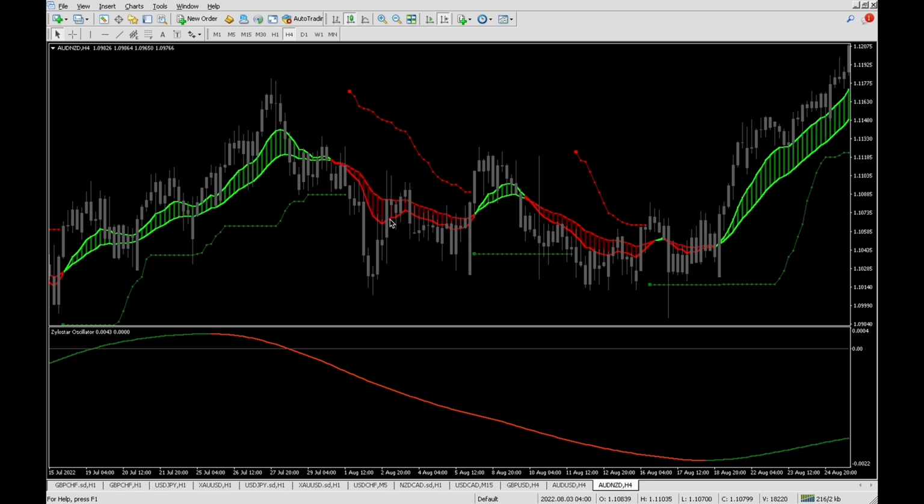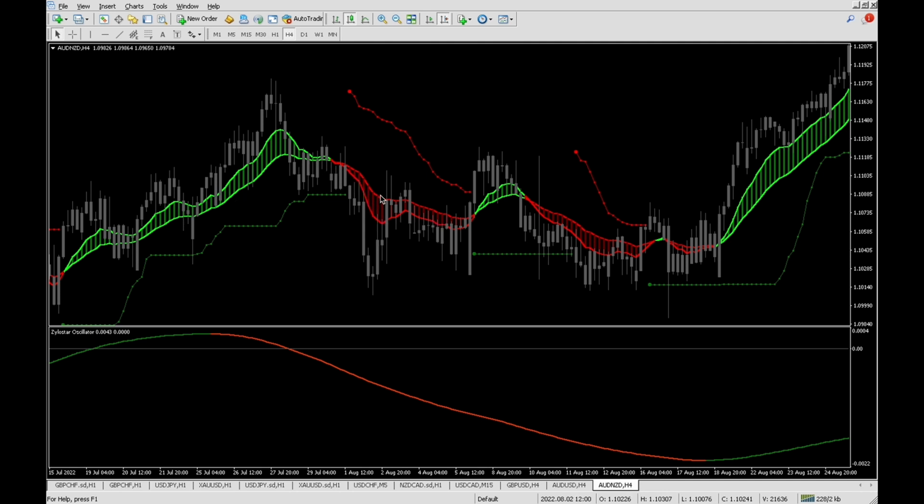So now we have two indicators which indicate the trend of the market. One is the Zylostar oscillator, which shows the long-term trend, and the other is the Zylostar cloud, which shows the short-term trend.